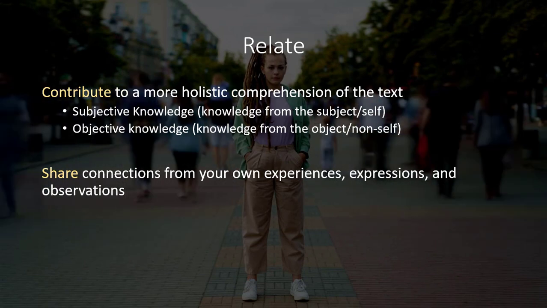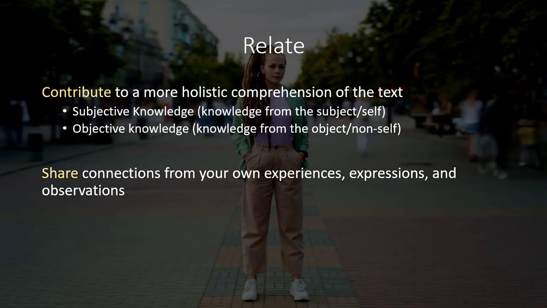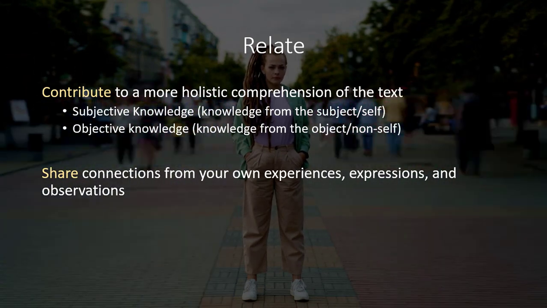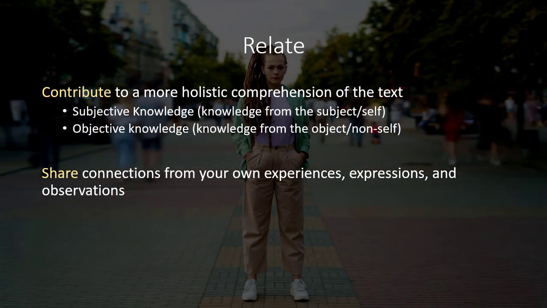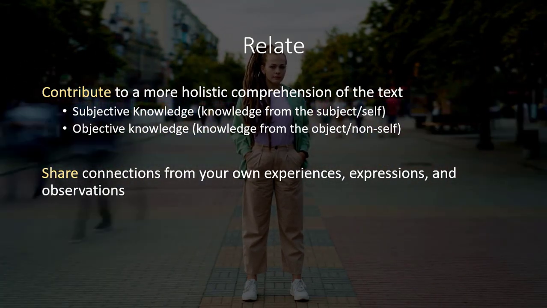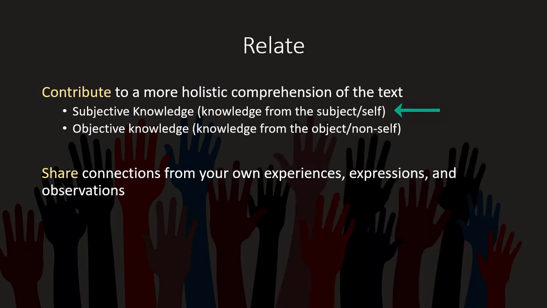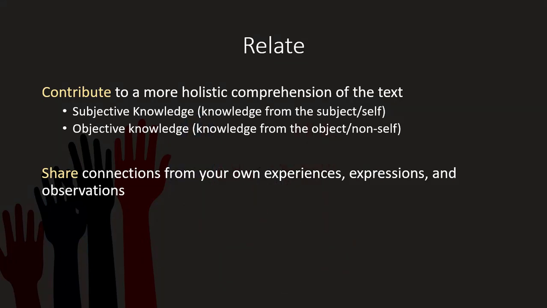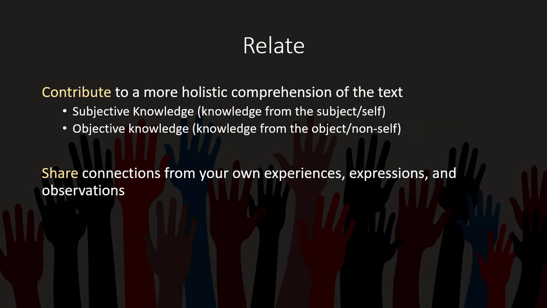Relating is the process of finding connections with the text through your own experiences, expressions, and observations. So, relating implies something subjective, but it is important to remember that subjective knowledge is not false knowledge. Subjective knowledge is knowledge based in an individual subject, for instance, you and me. This is opposed to objective knowledge, which is knowledge gathered via objects, for instance, tools, equipment, and institutions.